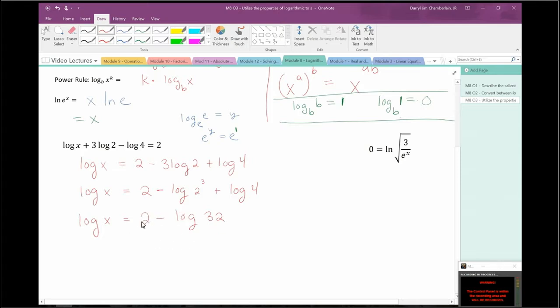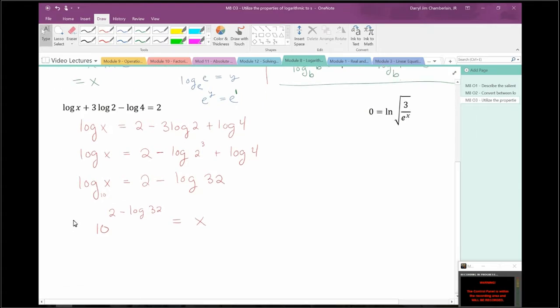So if I converted this to exponential form, and remembering what the base is when I don't write it, I could say this is 10 to the 2 minus log 32 is equal to x. Now that may look ugly, but this is some number. We could put this in our calculator. So this would just be our way to be able to solve for x.